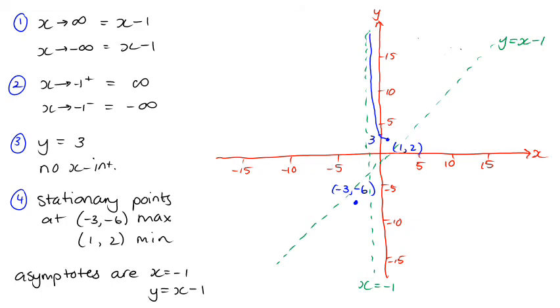So we're approaching -1 from the positive side and getting up to infinity. We know as we approach -1 from the negative side, we're going down to negative infinity. So it's going down that way. As x approaches infinity, so x is going up to the right, we're approaching the x minus 1 line. And as x is getting more and more negative, we're approaching that same asymptote.